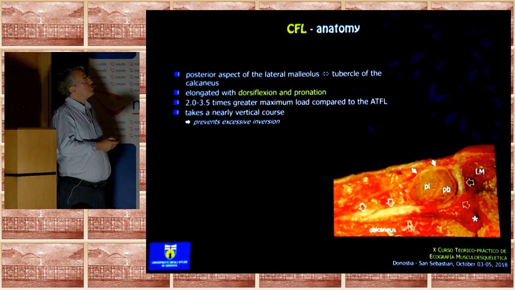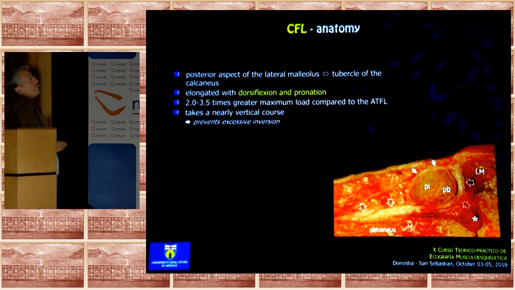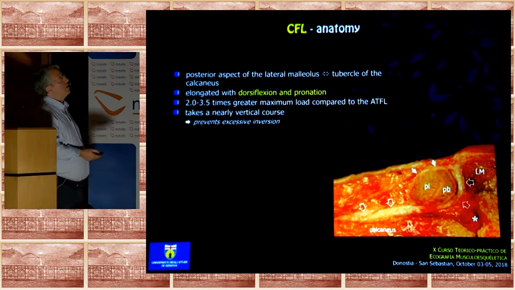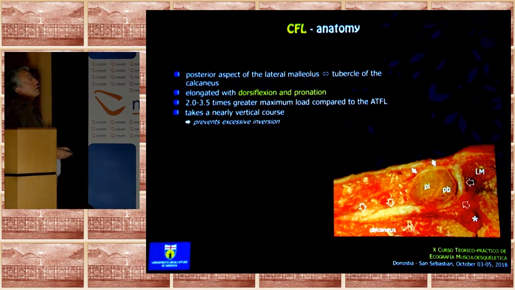The second ligament to check is the calcaneofibular ligament. This may be part of the standardized technique, so you cannot miss it. It's much stronger than the anterior talofibular ligament, and it joins the posterior aspect of the lateral malleolus and a tubercle on the lateral aspect of the calcaneus.